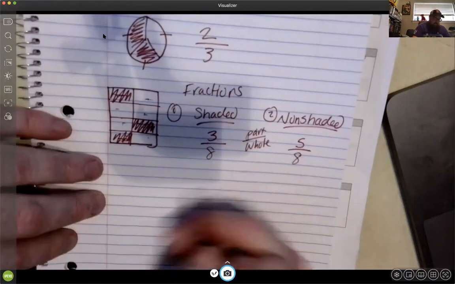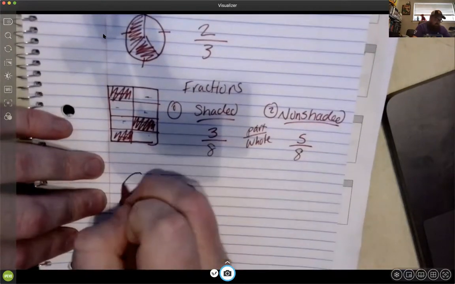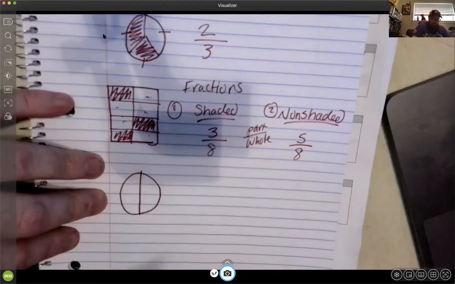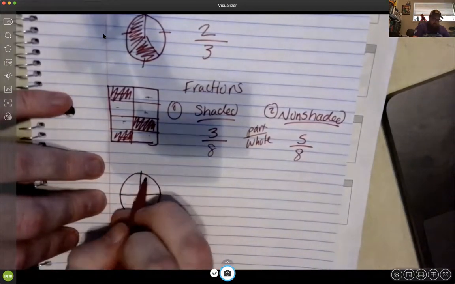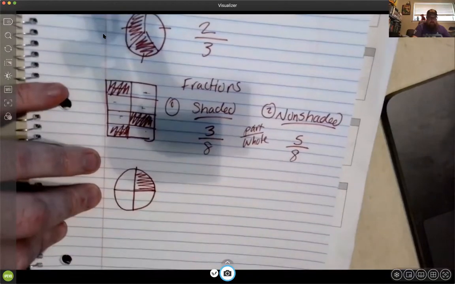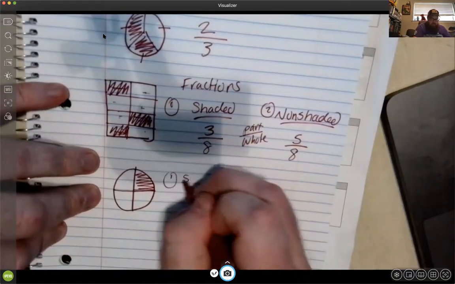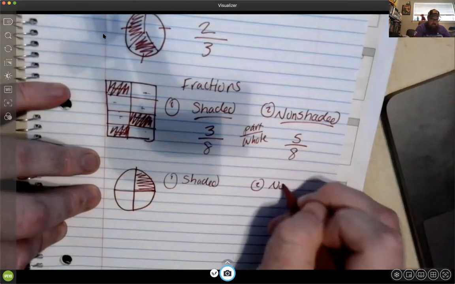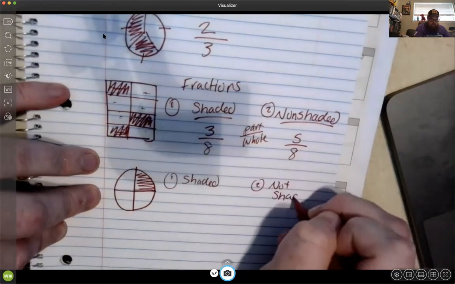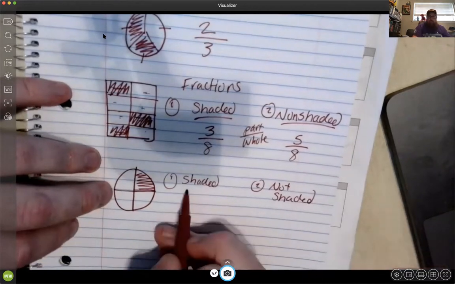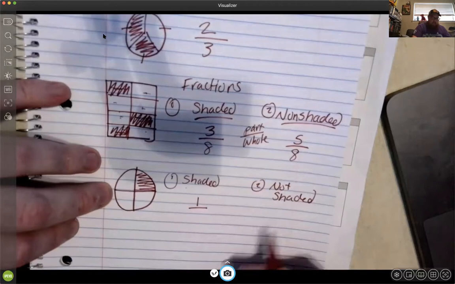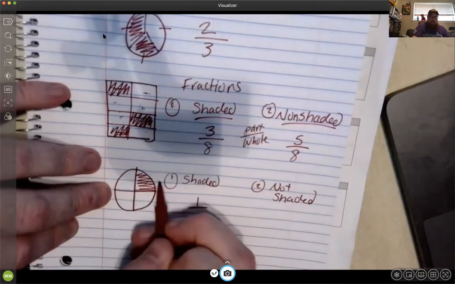All right. Let's do one more quick and easy practice. I'm going to cut our shape pretty simple like this. I'm going to shade in this one. And I'm still going to look for the shaded and the not shaded part. So when we look for the shaded, we see we have one piece shaded in, and there are 4 that make up our entire picture.